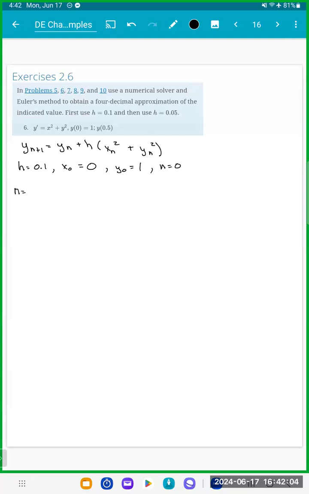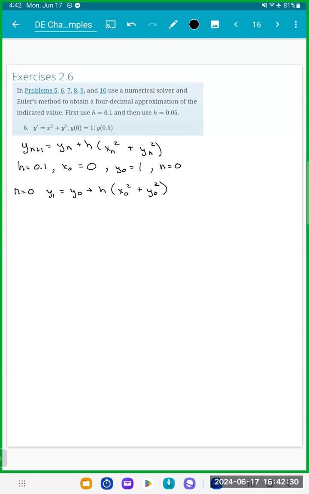So when I'm looking at n equal to 0, that is when I'm plugging it into this formula here. n is 0, so then I get y1, because 0 plus 1 is 1, equals y sub 0 plus h times x naught squared plus y naught squared.